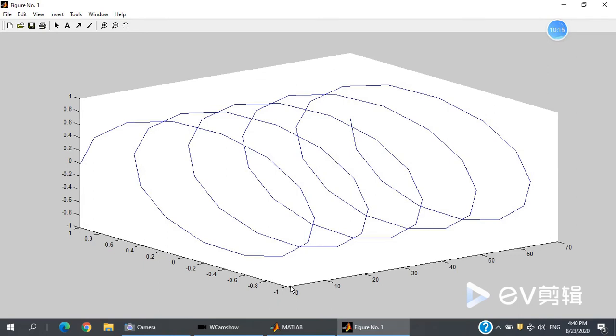When n is 0, the value should be 1, so 1 is the real part. So this line is the real part, and this axis is the imaginary part. We start from here, then turn around. Okay, so this is a signal with a complex value.